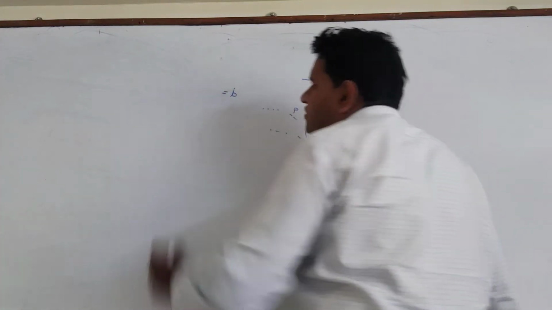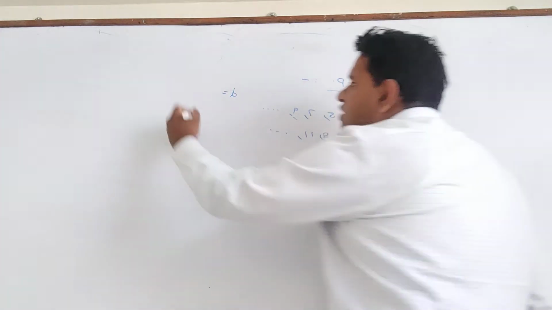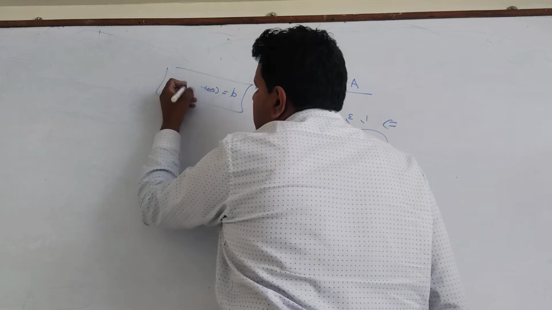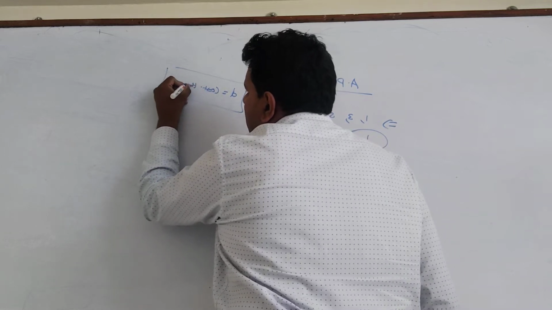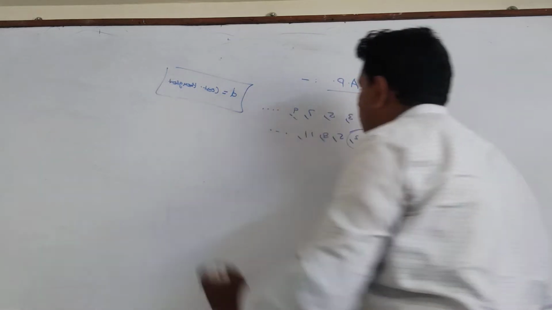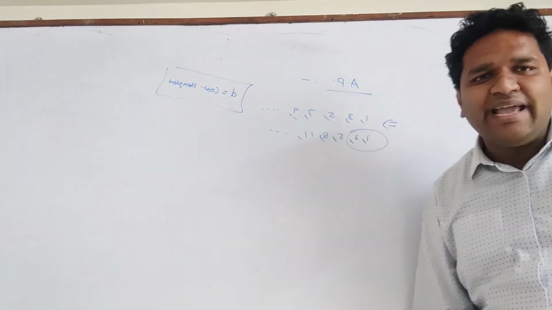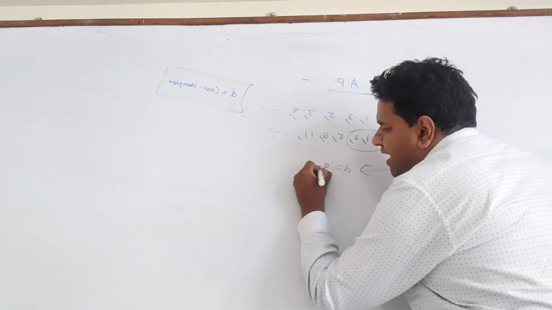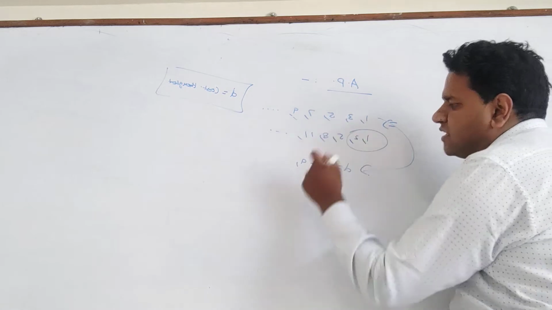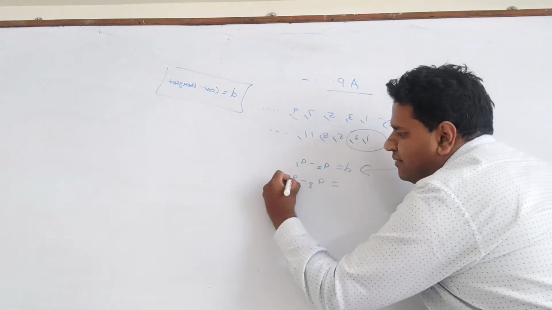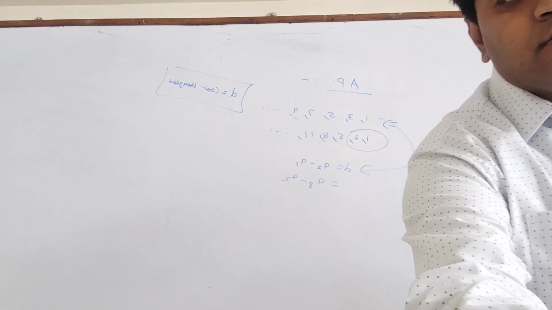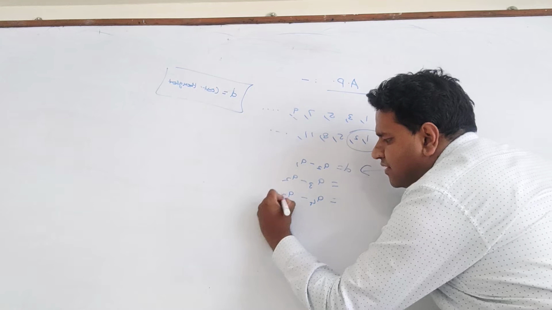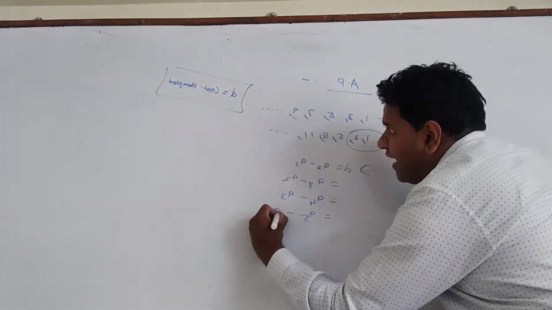An arithmetic progression is that sequence in which the common difference, denoted by D, is always the same or constant throughout. So if 1, 3, 5, 7, 9 is your AP, then the common difference can be expressed as A2 minus A1, the second minus the first term, A3 minus A2, the third minus the second term, A4 minus A3, or A5 minus A4.